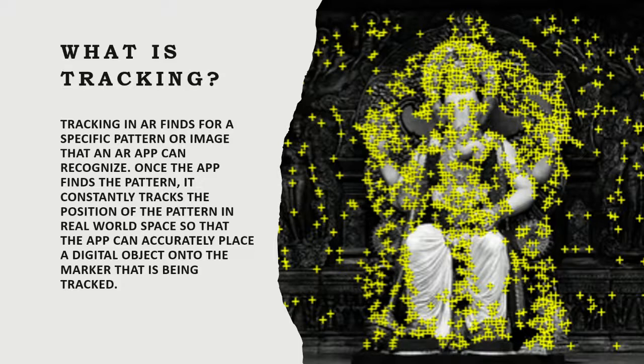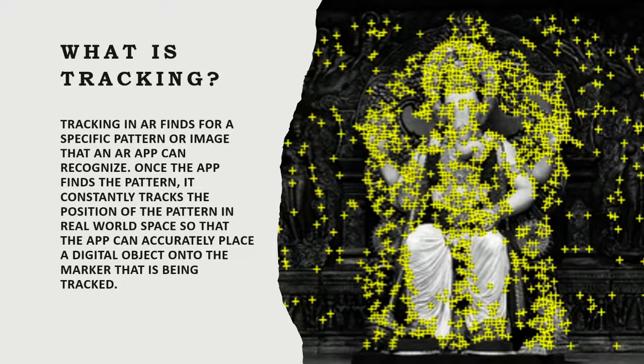If I am moving the marker to the left, let's say I have moved it 10 units to the left, the same thing will happen with the object also, because the marker has moved, and our app has tracked that the current position of the marker is 10 units from the center, right?